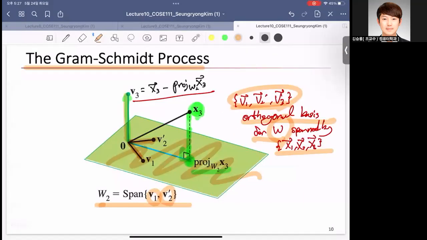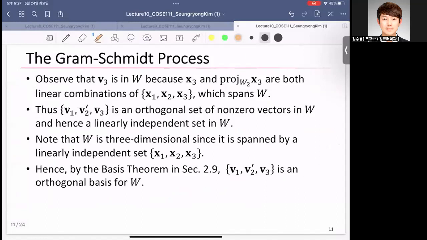So this is the Gram-Schmidt process. Observe that V3 is in W, where W means the space spanned by the original vectors x1, x2, x3.